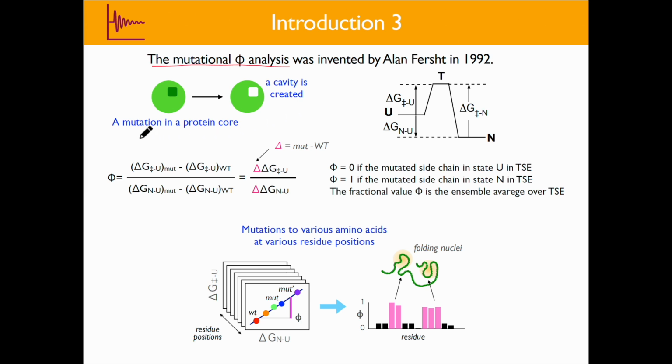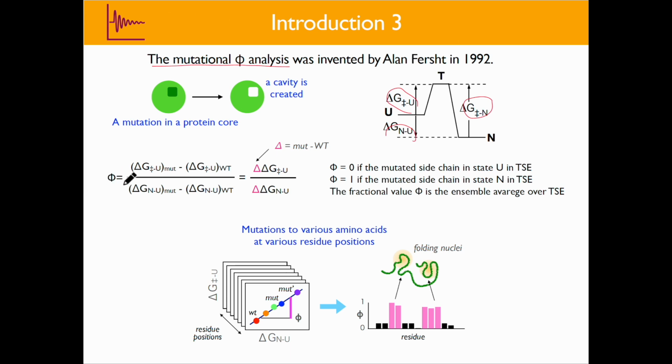A mutation is introduced in the protein core to create a cavity, without any large conformational changes, and these three free energy differences are measured for mutants and wild type.